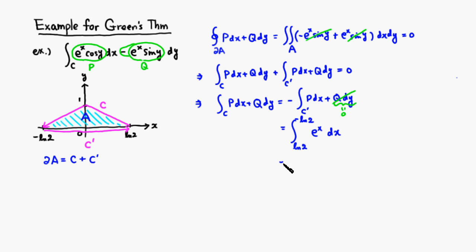This is an easy integral to evaluate. The antiderivative of e to the x is still e to the x, going from natural log of 2 to negative natural log of 2.